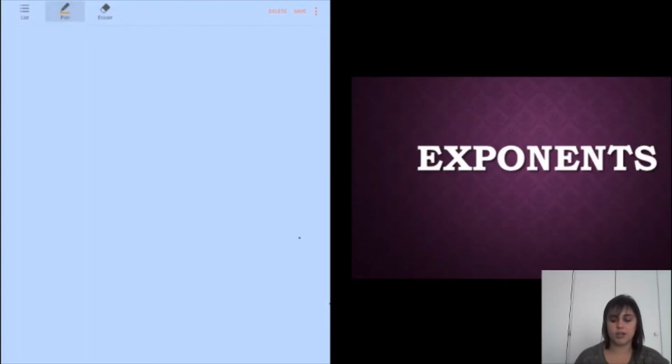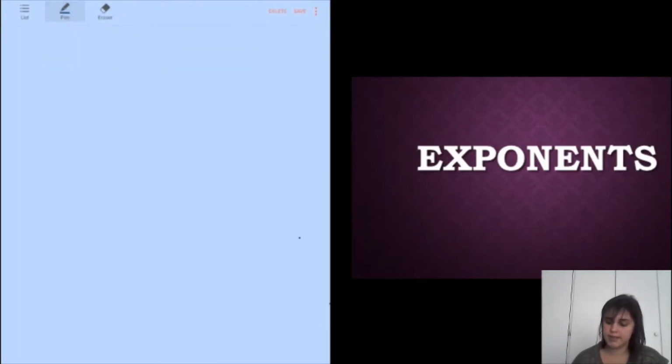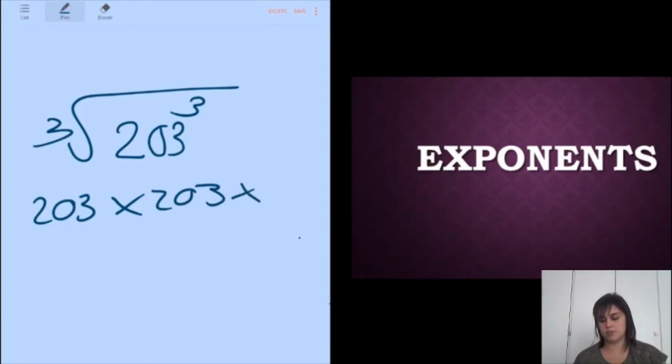I'm going to show you guys the same thing I did with the square numbers. Let's say I have the cube root of 203 cubed. For you to work out 203 cubed, you have to say 203 times 203 times 203.